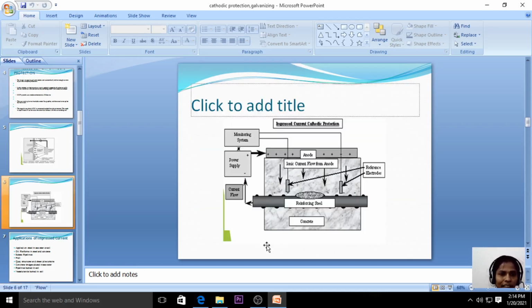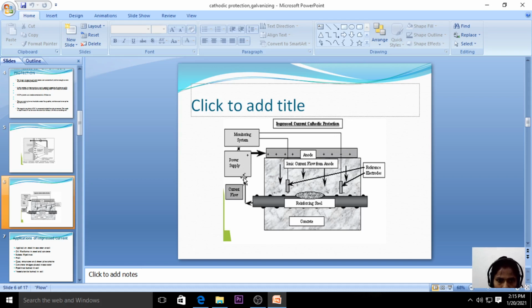So this is another diagram of impressed current cathodic protection. This is the buried pipeline. This is the steel, and this steel is underground. Now this is the anode, and this is acting as the cathode. These two are connected with the help of a battery.